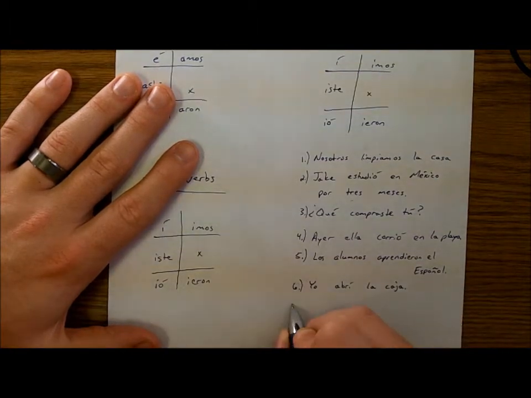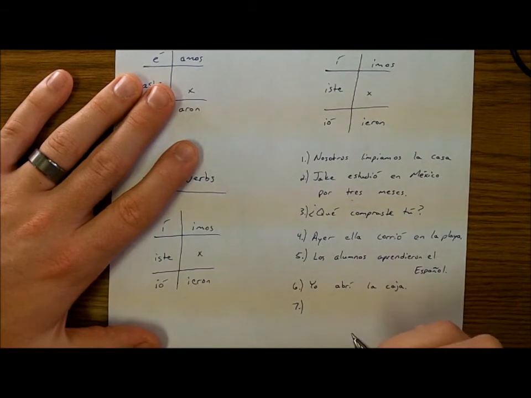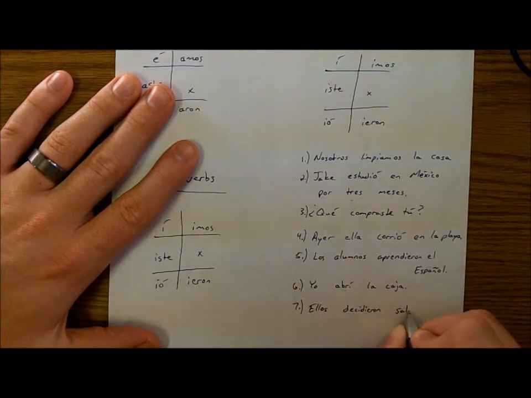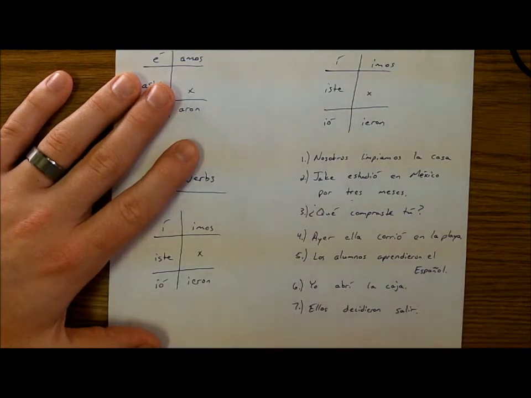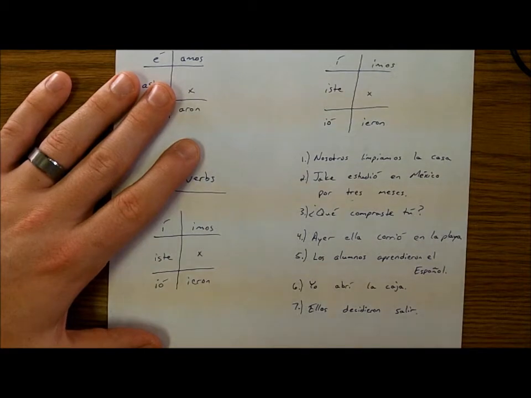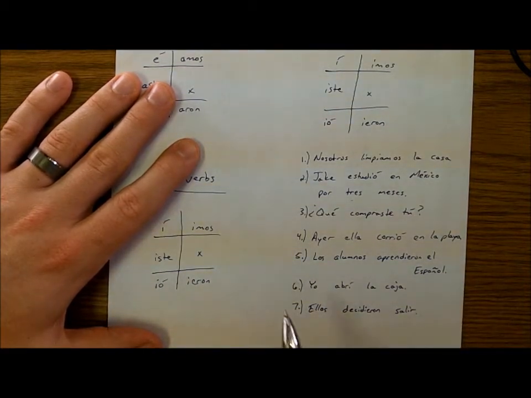And the final example here, IR verbs, is they decided to leave. Ellos decidieron salir. Or you could use irse in that situation. But all these, as you can see, are either one-time actions, they were completed, or they were completed in this limited period of time, and it explains what that time was.